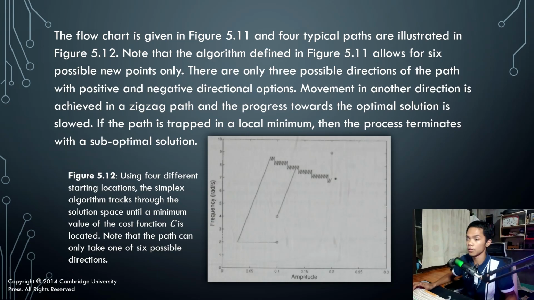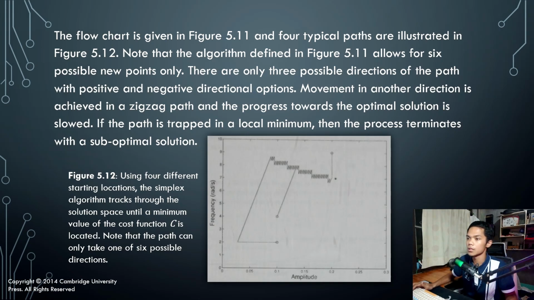Note that the algorithm defined in figure 5.11 allows for 6 possible new points only. There are only 3 possible directions of the path with positive and negative directional options. Movement in another direction is achieved in a zigzag pattern or path, and the progress towards the optimal solution is slowed.